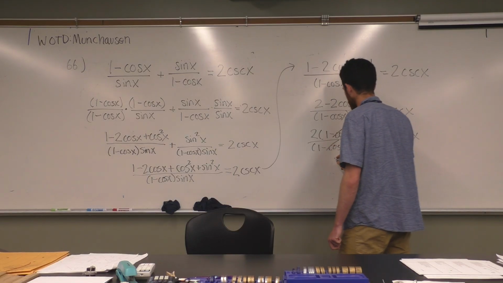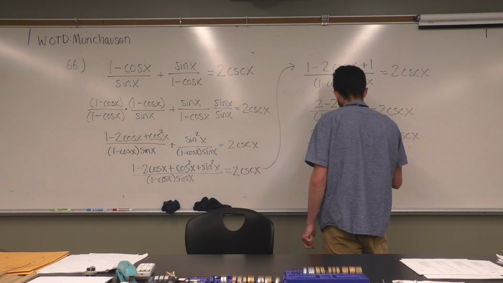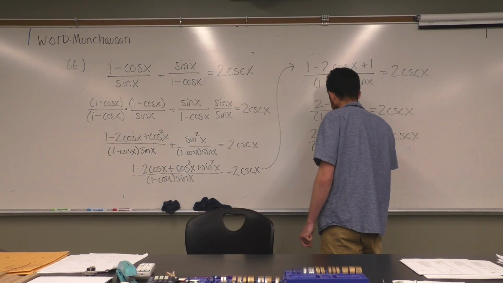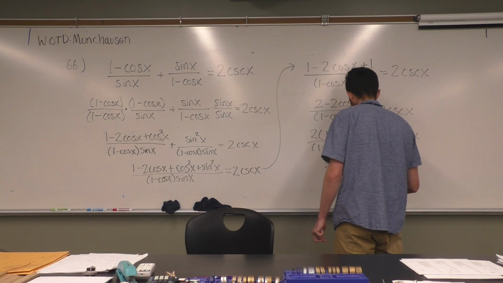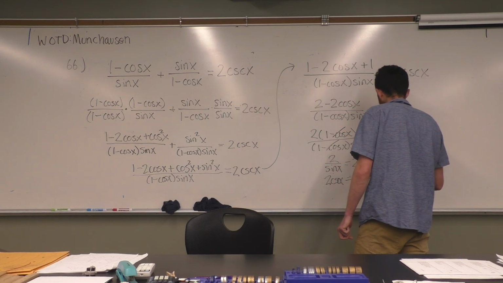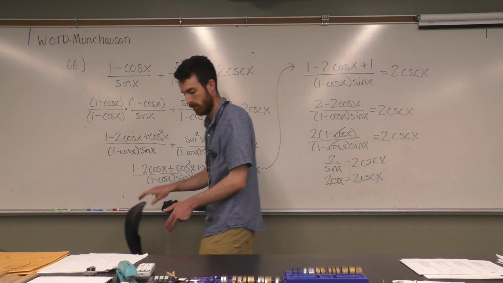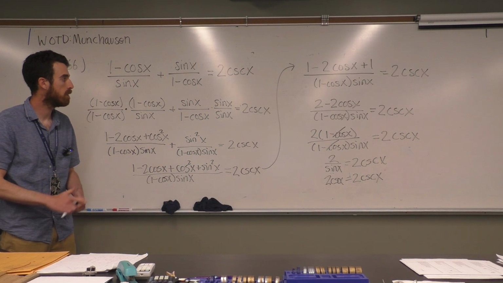Those factors divide to 1. 2 over sine of x equals 2 cosecant of x, which it does. Sure does. All right, great.